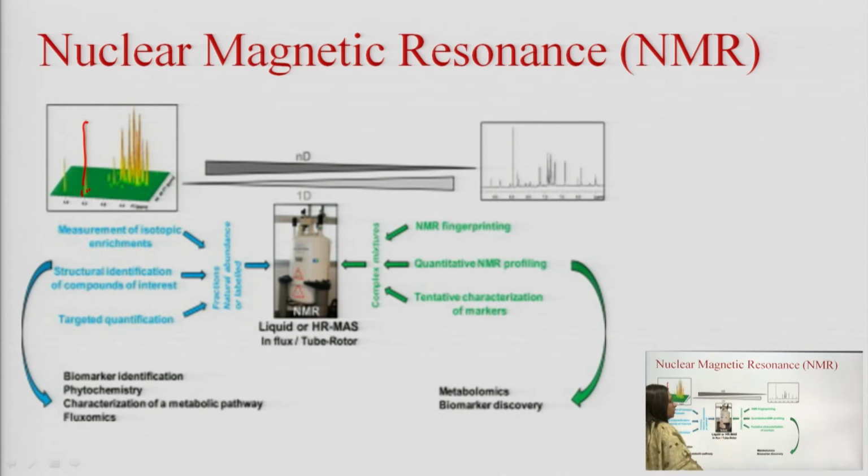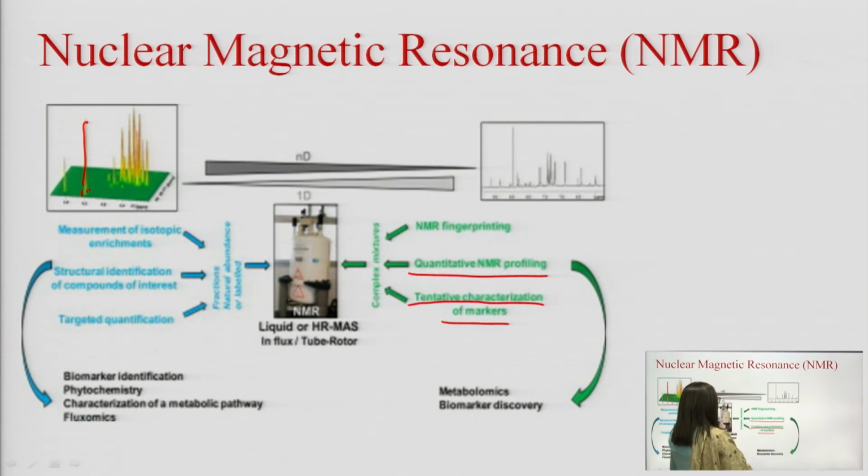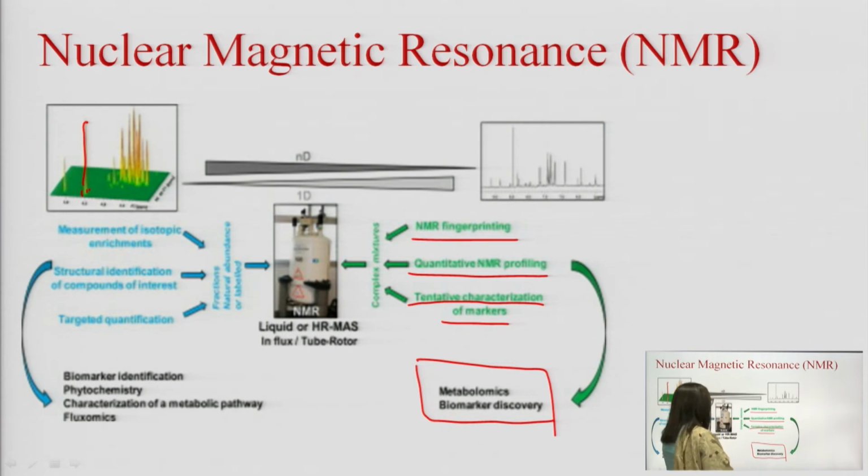Then, the major applications of nuclear magnetic resonance are in the field of characterization of markers, quantitative NMR profiling, and NMR fingerprinting. All these lead to the study of metabolomics and biomarker discovery. So, NMR plays a very important role in metabolomics, the study of metabolism, and biomarker discovery.